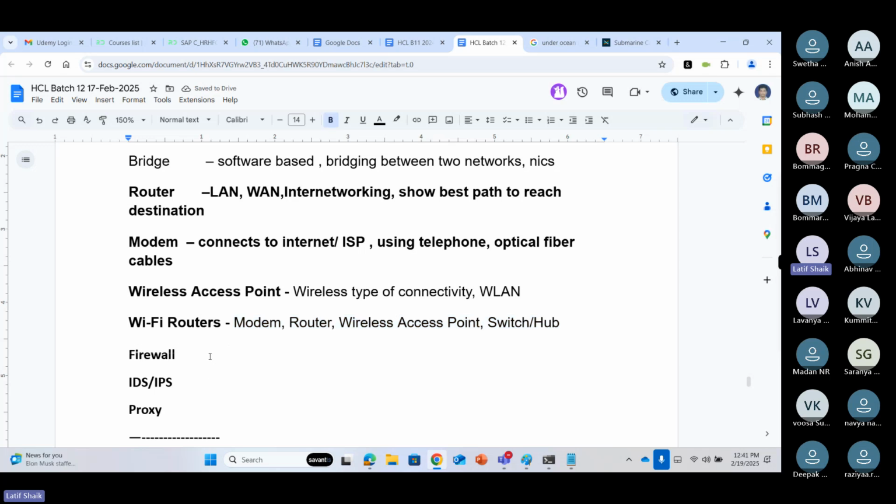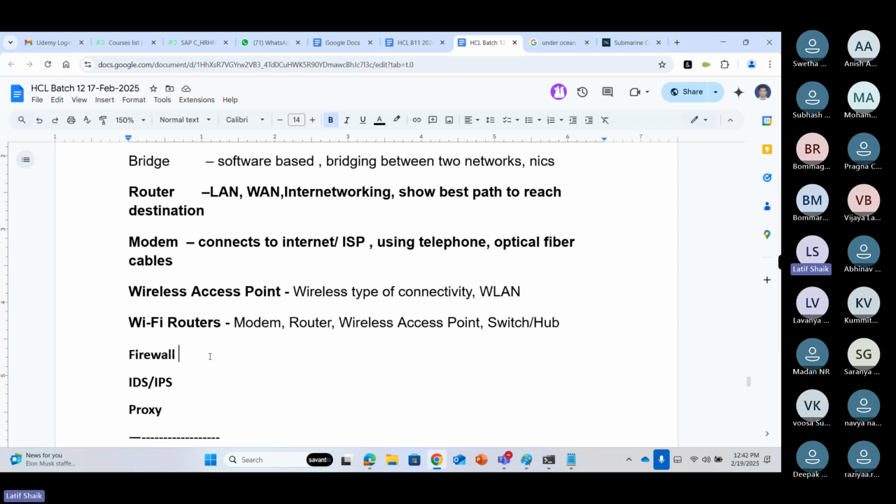Next is firewall. Firewall is used to protect your network from external attacks. IDS and IPS. Even if you have a firewall protecting your network from unauthorized access from external, there is still a possibility of exploitation into your network.